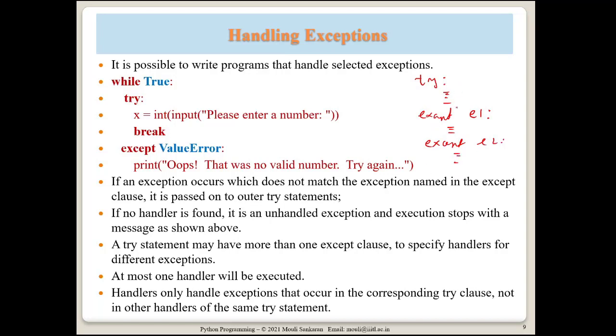Now this E1 handling and E2 handling is for any exception happening in this part of the code. Please remember, any part of the Python code can create an exception. Even your own exception handler can create an exception.